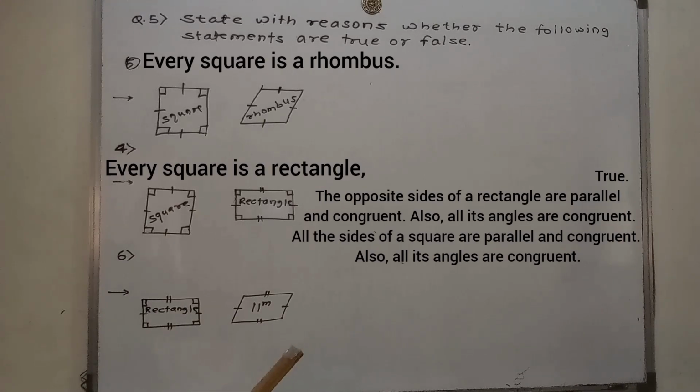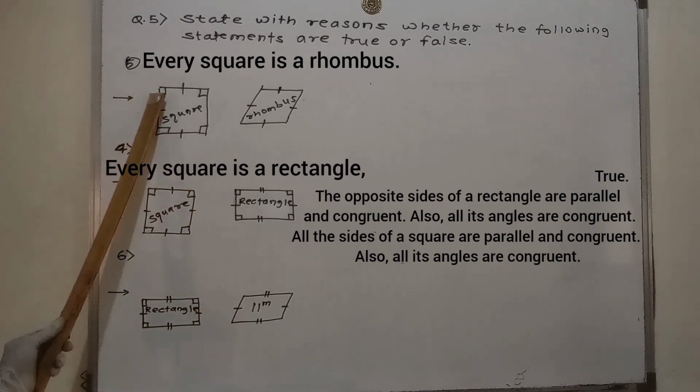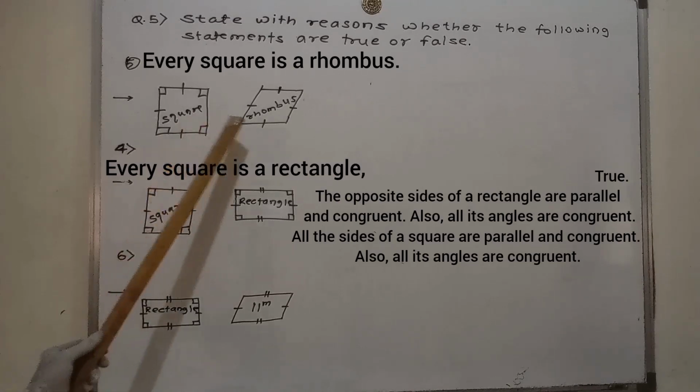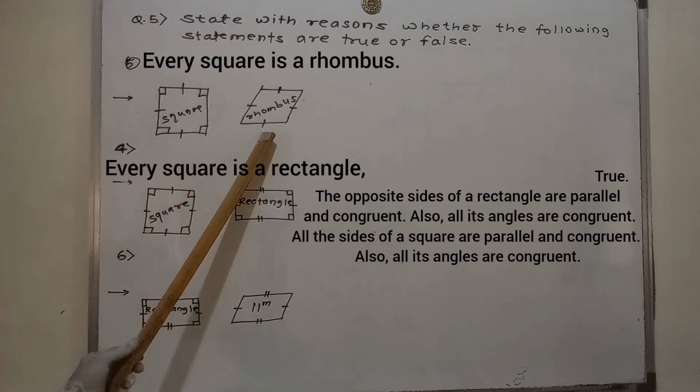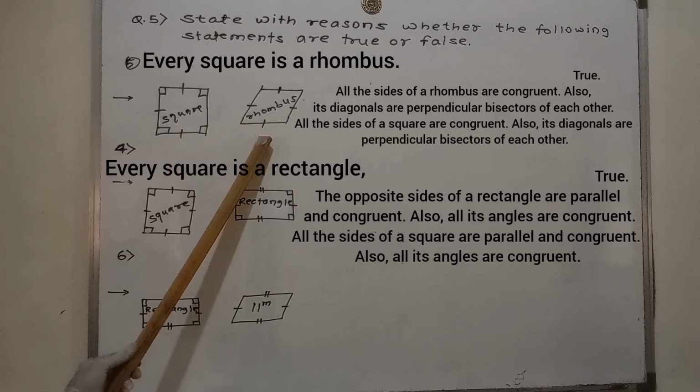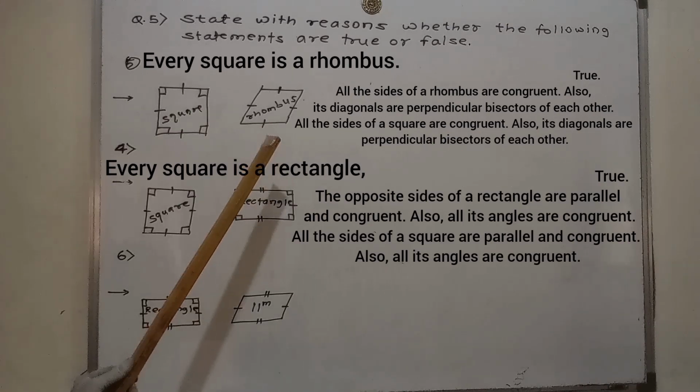Did you get it? Also, all its angles are congruent. Means each angle is right angle. Okay. Then fifth one. Every square is a rhombus. Now we write answer. This is also true.